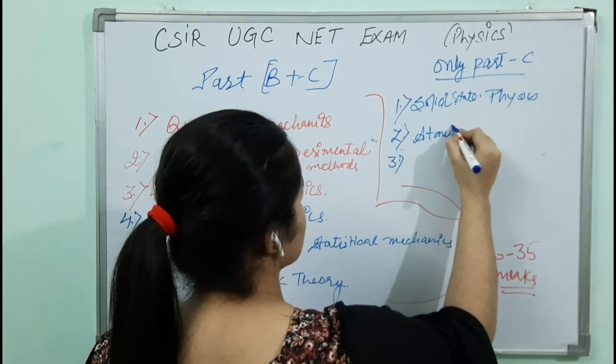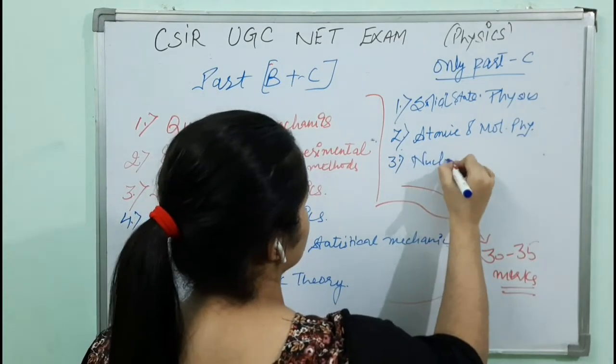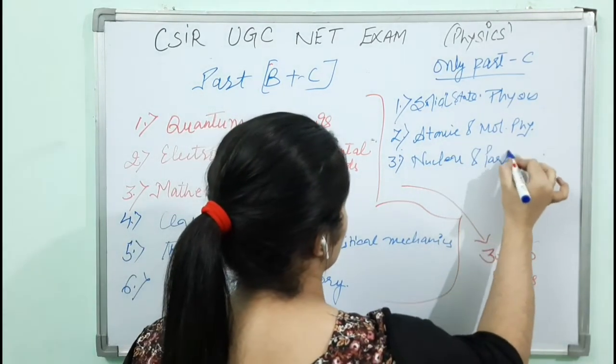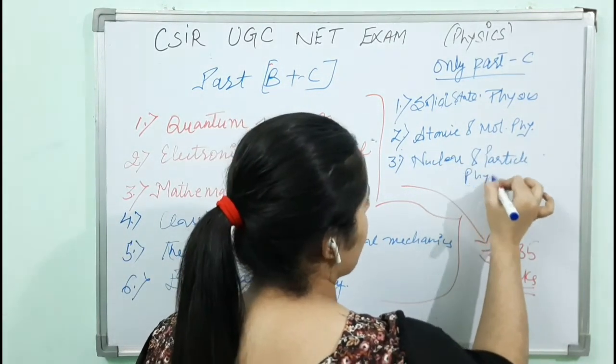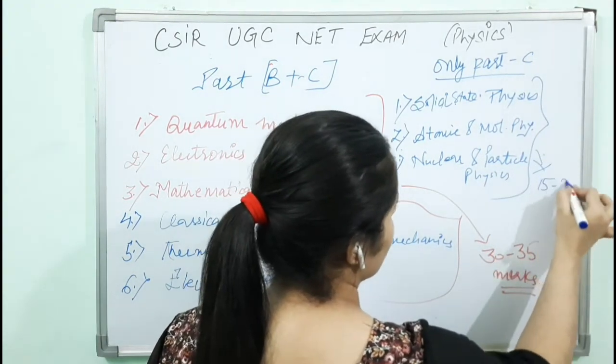Atomic and molecular physics, nuclear and particle physics. There will be a weightage of 15 to 20 marks in the examination.